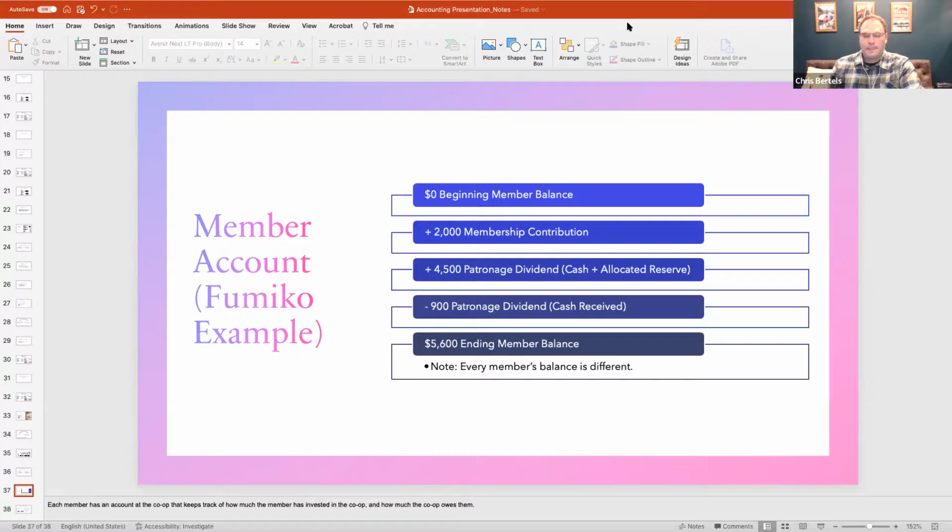I guess I'm a little bit skeptical of the ratios for small organizations, simply because they're small and a lot of times their numbers jump so much. They jump all the time.